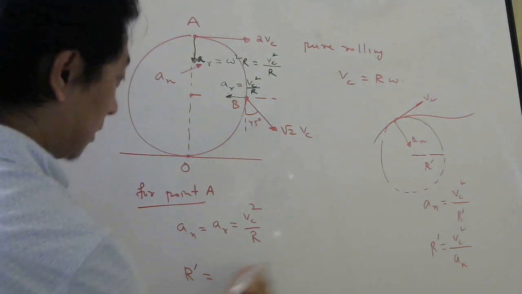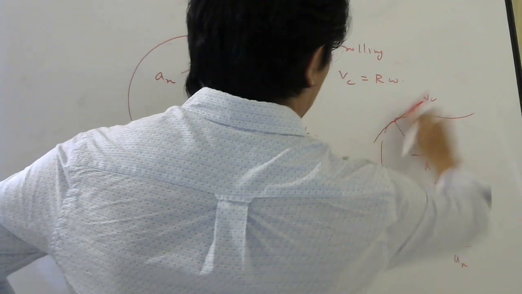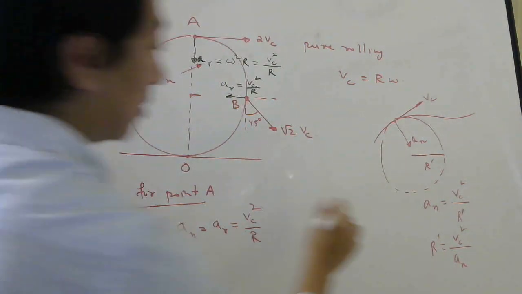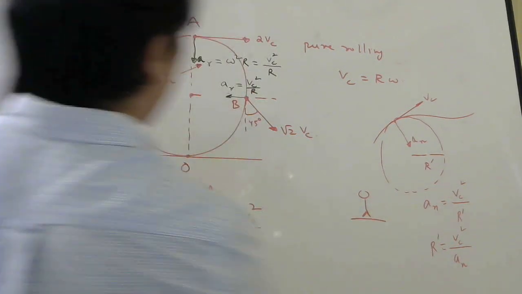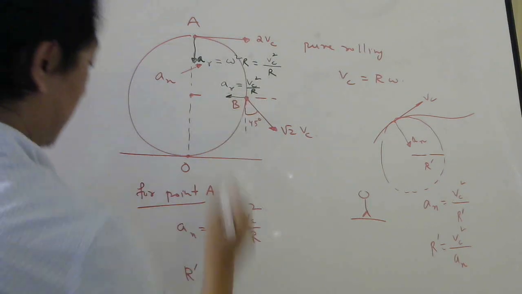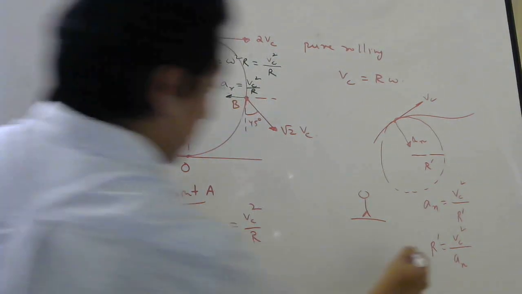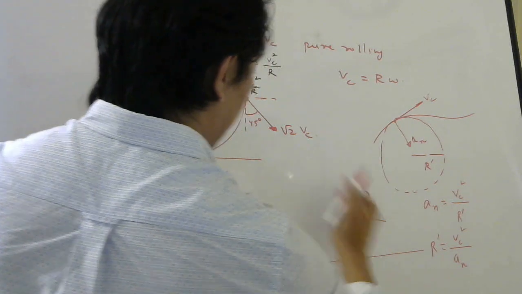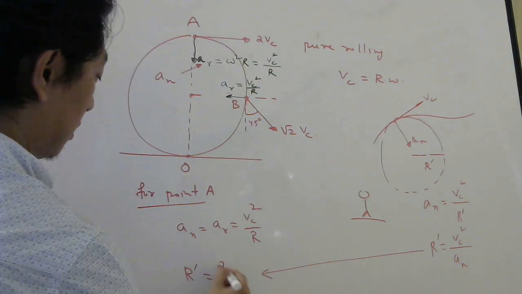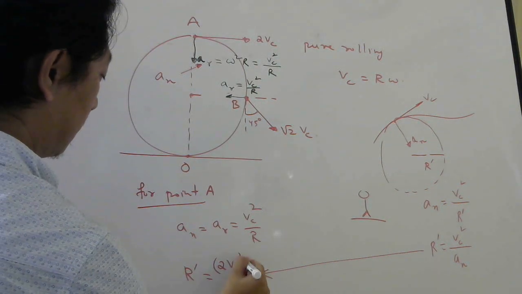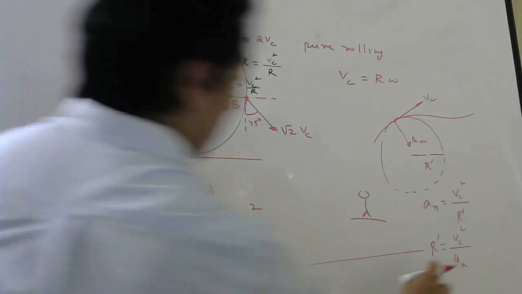And what is the formula for radius of curvature? The actual velocity which it has, seen from ground frame. So from ground frame, the velocity of this point is 2Vc, right? So this formula I am using: 2Vc square by normal acceleration.